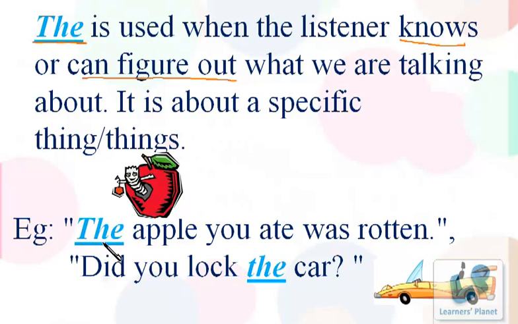Let us see the example. The apple you ate was rotten. Or did you lock the car? So over here, we aren't directly telling the listener exactly which apple, which car, but as we are talking about something that has happened in the past, or we're asking something, the listener is able to relate to the topic and can figure out what we are talking about.